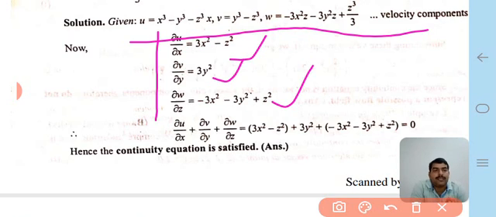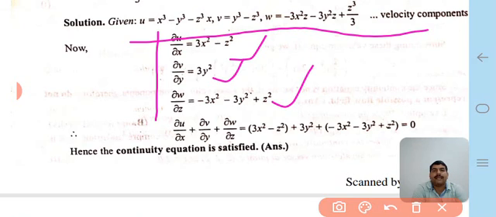Applying the three-dimensional continuity equation, del u upon del x plus del v upon del y plus del w upon del z, putting in all the values gives 0. Therefore, the continuity equation is satisfied.